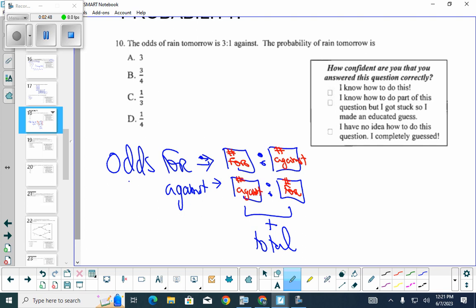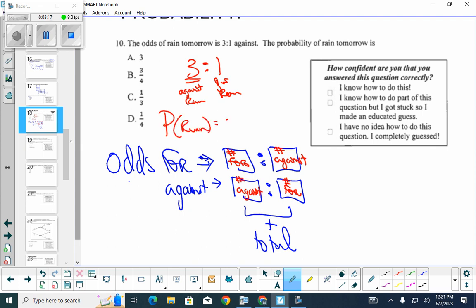So on this question here, it says the odds of rain tomorrow is 3 to 1 against. What that means is this number here is against rain. This number here is for rain. So it says the probability of rain.